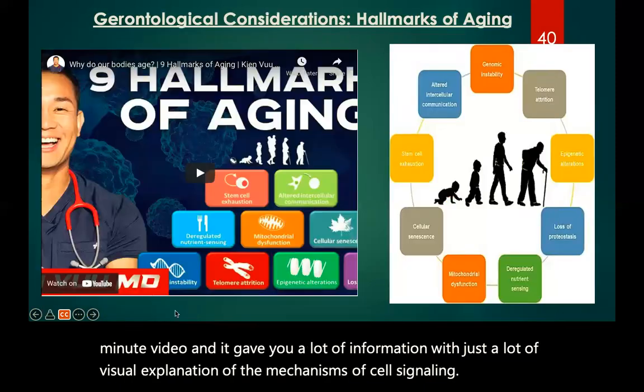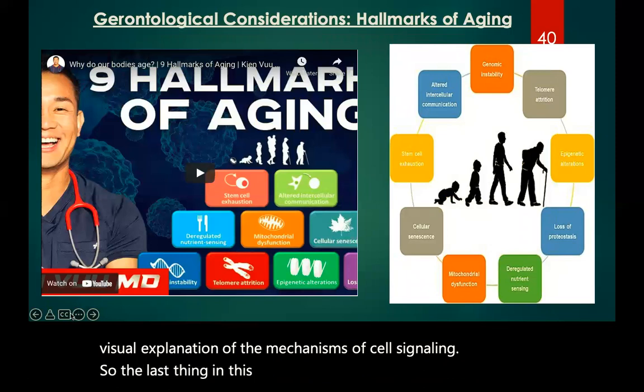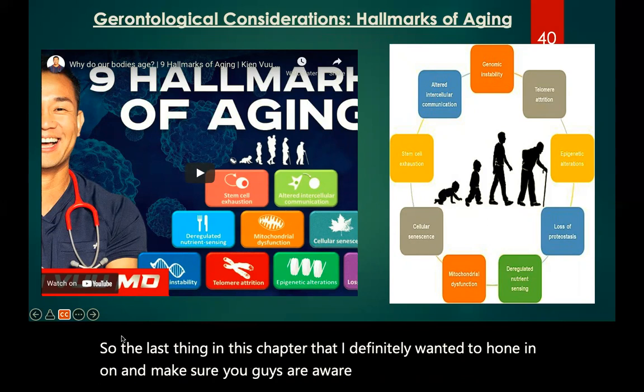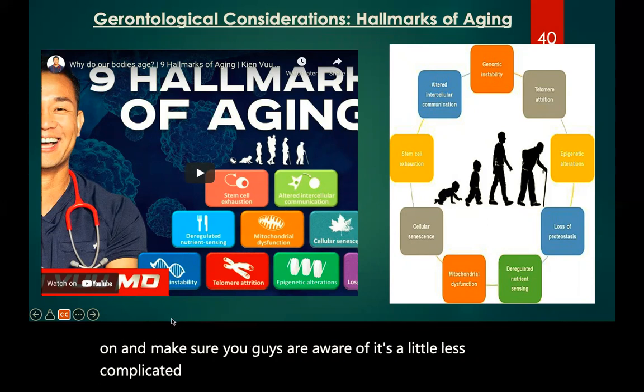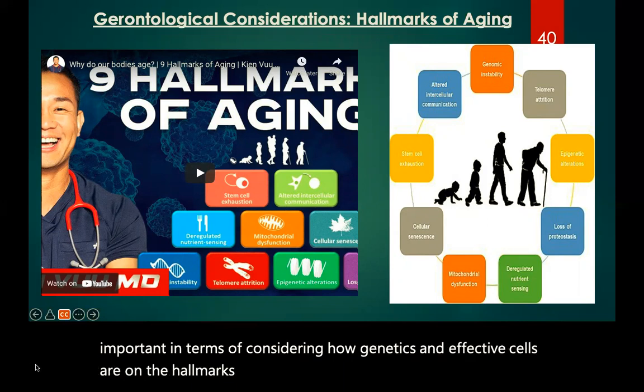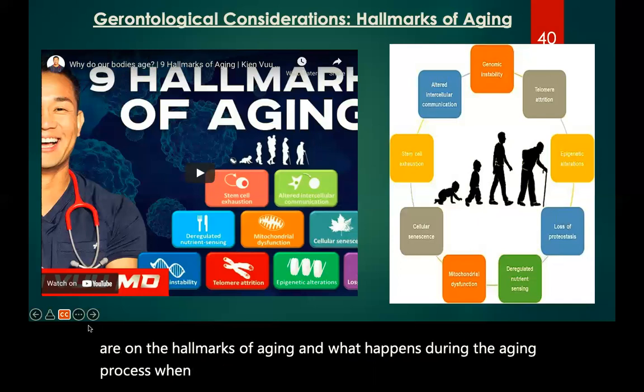Okay, so the last thing in this chapter that I definitely wanted to hone in on and make sure you guys are aware of, it's a little less complicated in terms of trying to grasp the concept, but it is very important in terms of considering how genetics and the effect of cells are on the hallmarks of aging and what happens during the aging process when it comes to cellular function.